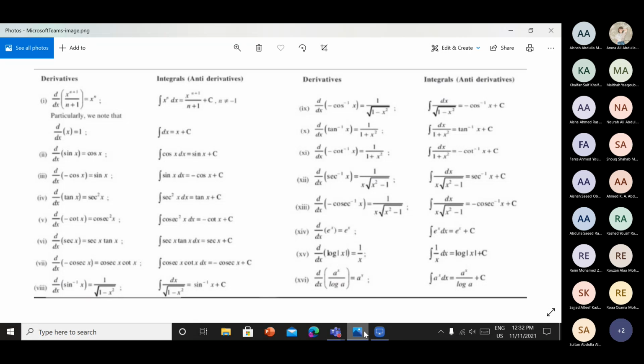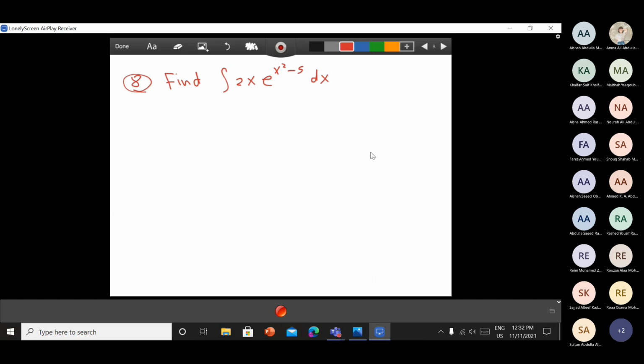So I have to substitute something to have this formula. So I have to get rid of x squared minus 5 and make it y, just only variable to the power 1. Okay. So my solution depends on the table. So I will let y equal to x squared minus 5. So the integration will be similar to the one in the table.